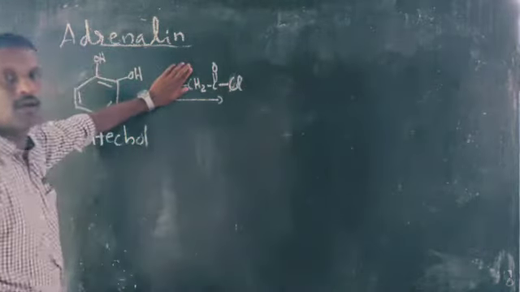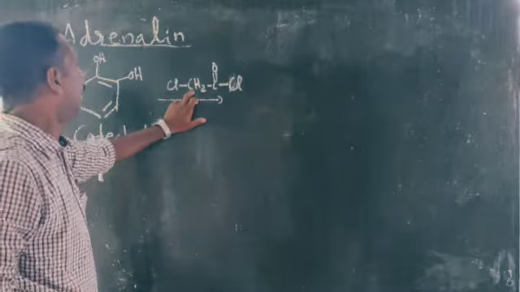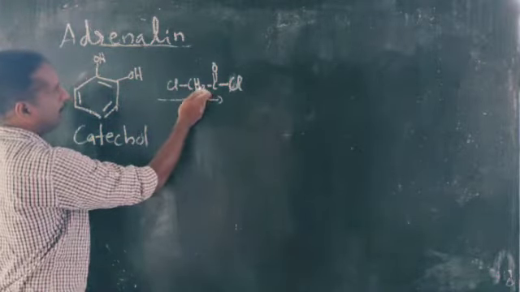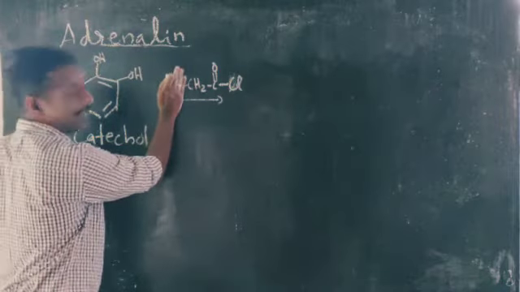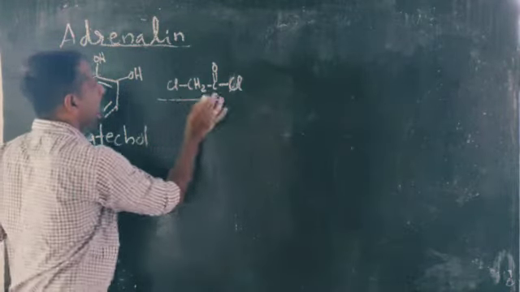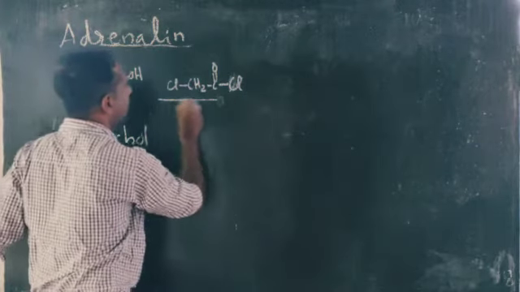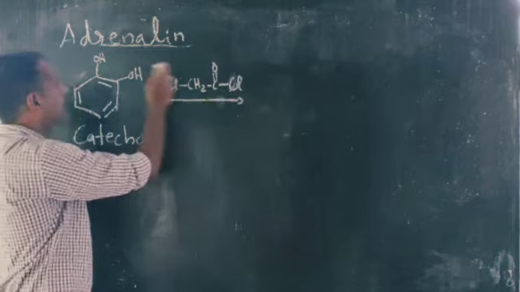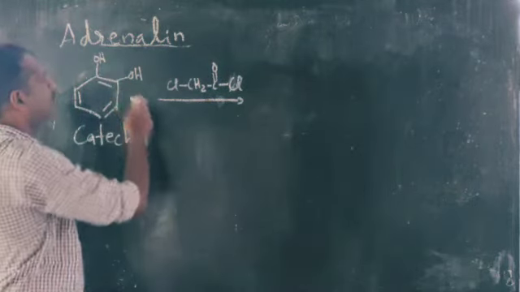CH3COCl is acetyl chloride. This means chloroacetyl chloride, because CH3COCl is acetyl chloride, and one of the hydrogen atoms is replaced by a halogen. So halogenated acetyl chloride, Cl CH2 COCl, is treated with catechol.